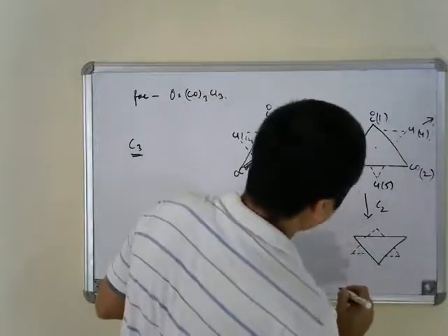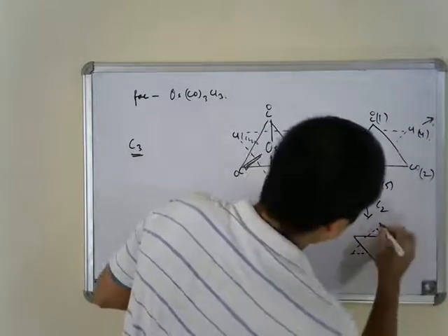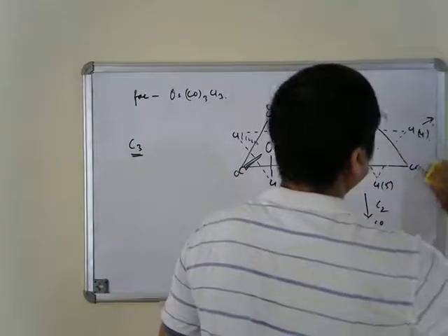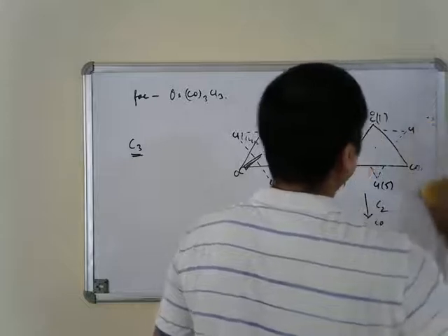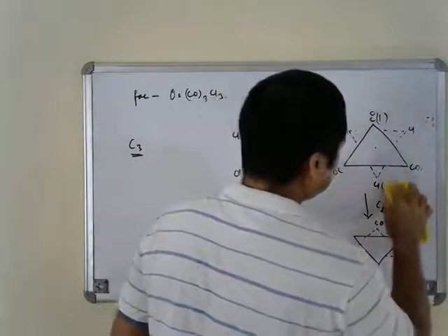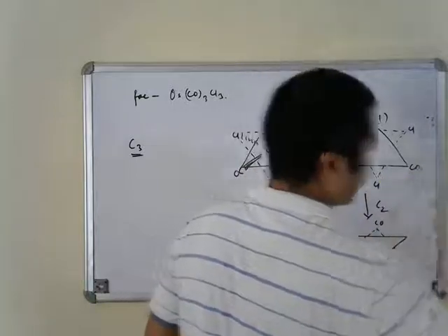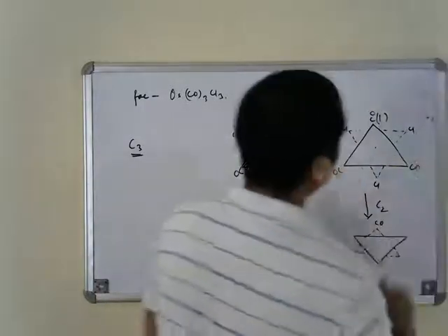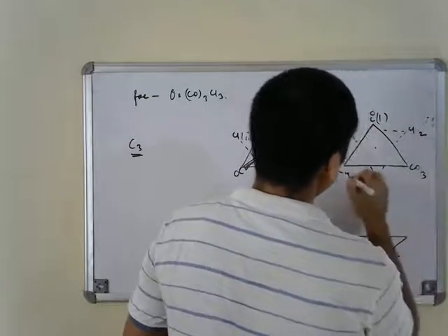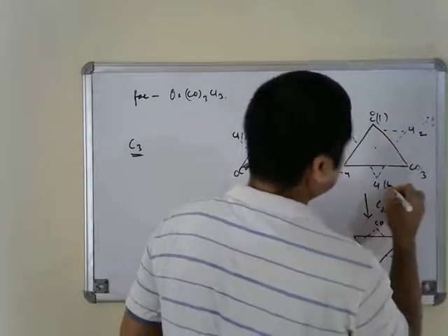Or let us label the way we did it in the last example so that there is no confusion: position 1, 2, 3, 4, 5, and 6.